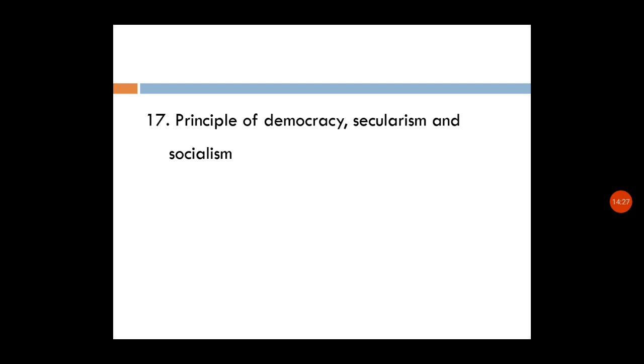So our country's basic principles should be known to the students. This training also should be given through our curriculum. So that is the principle of democracy, secularism and socialism. This is the preamble of our country, the constitution. So we have to give importance to all these principles also through the curriculum.